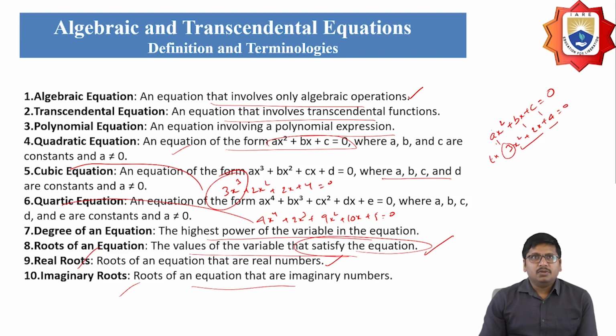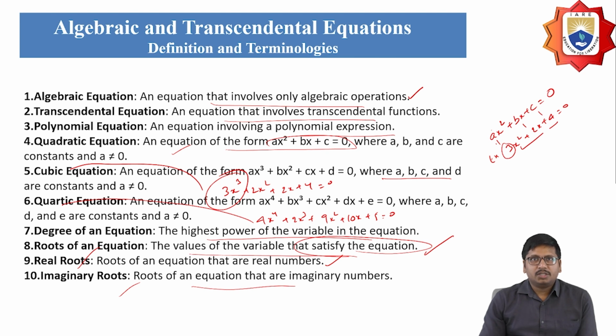Okay. So an algebraic equation is an equation which involves algebraic expressions or algebraic operations. A transcendental equation is an equation which involves transcendental functions. A polynomial equation means an equation which involves a polynomial expression.